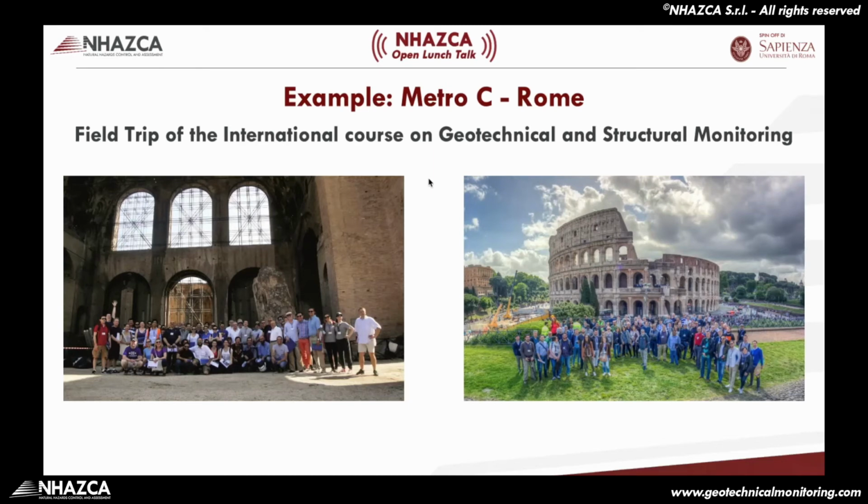This project is also one of the projects where we arranged field trips. So I'm pretty sure that some of you can recognize yourselves in these pictures. It was in the last two international courses. We did this field trip, just looking at the instrumentation and the project and so on.